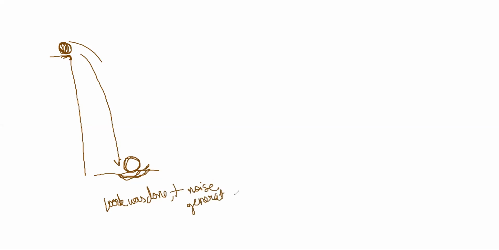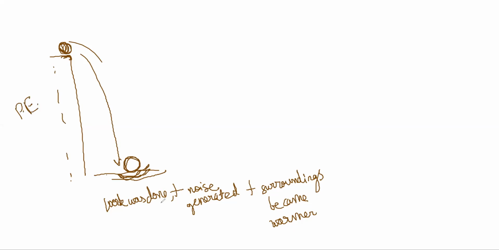Plus, the surroundings became slightly warmer, because some heat was also generated in this collision. When things collide, some heat is also generated. So basically this whole potential energy got converted into this depression, some sound energy and some heat energy.